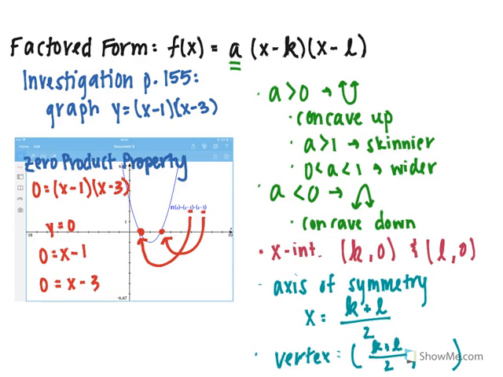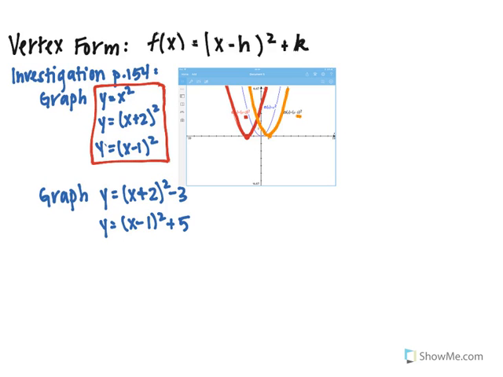So just like our x-intercepts were opposite of what we saw in parentheses, our vertex is shifting the opposite direction we would think. And again, that's because we want that parentheses to be equal to 0. So we're thinking, okay, what value would make that parentheses equal to 0?